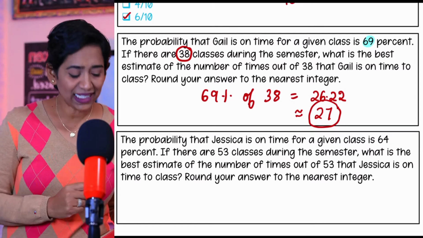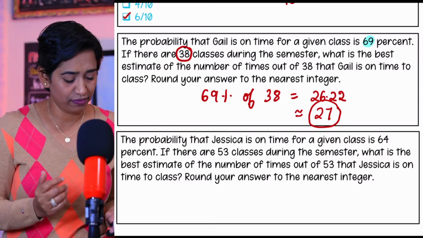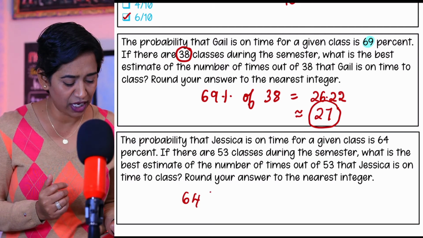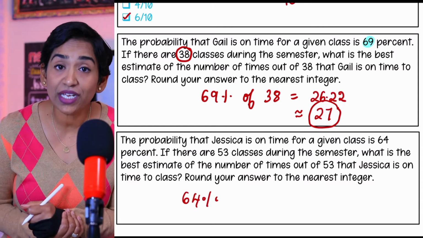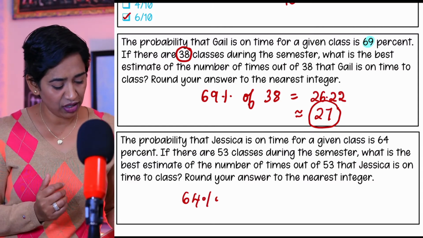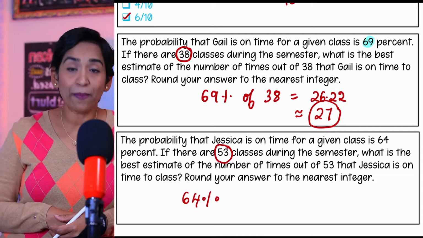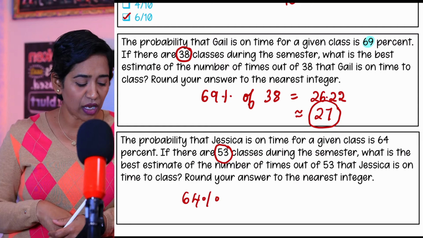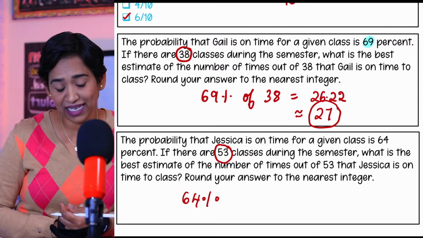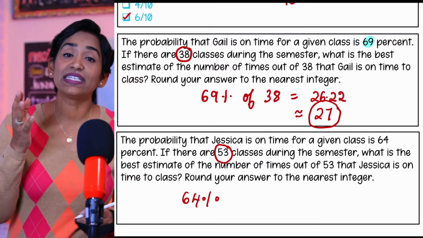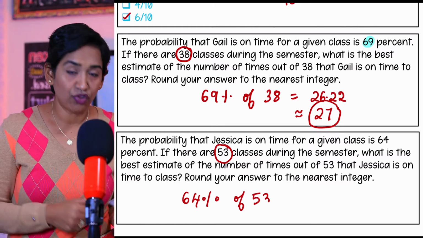The probability that Jessica is on time for a given class is 64%. So 64% of the time, Jessica comes to class on time. If there are 53 classes during the semester, what is the best estimate of the number of times out of 53 that Jessica is on time to class? Again, I'm trying to find 64% of 53, rounding off.